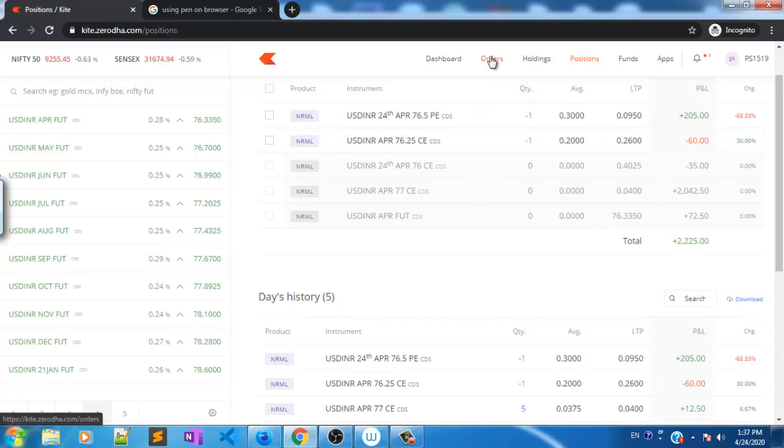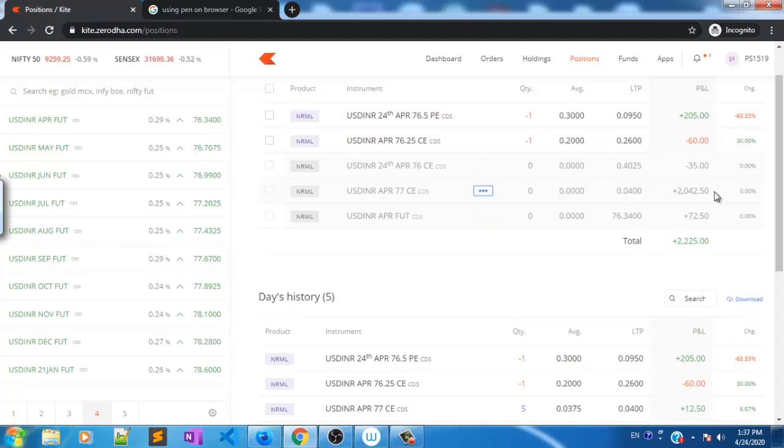So what could be the investment for trading 5 lots? The investment is very small. I have used approximately 2500 rupees for selling each option lot. Altogether I have used a capital of 12,000 rupees for trading 5 lots of the April 77 CE strike option, and on approximately 12,000 rupees I have made a profit of 2,000 rupees.